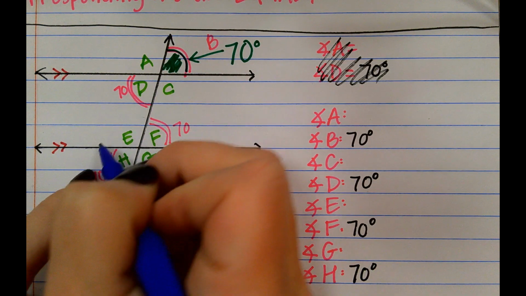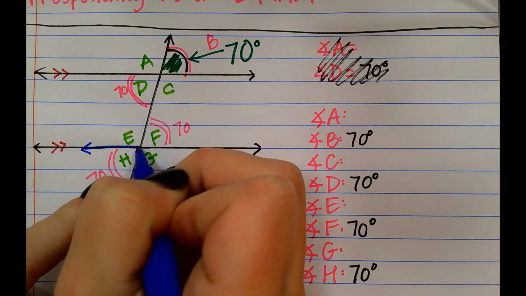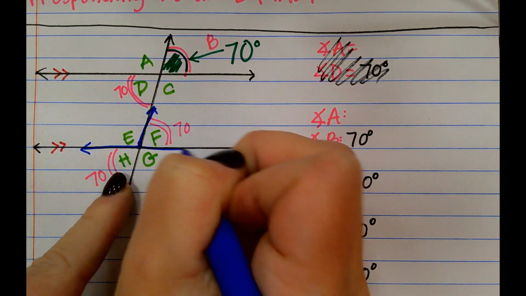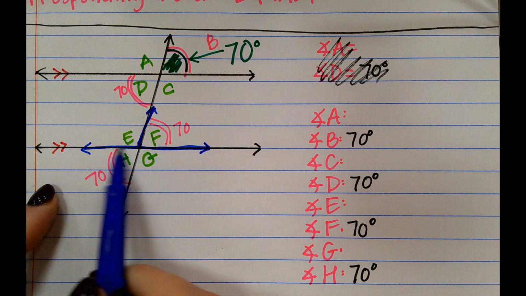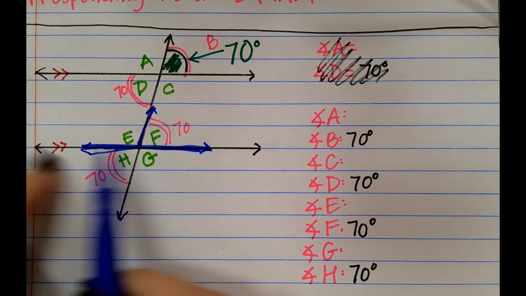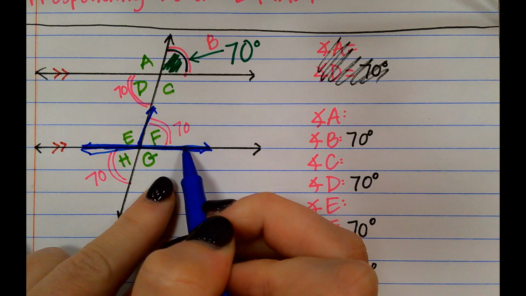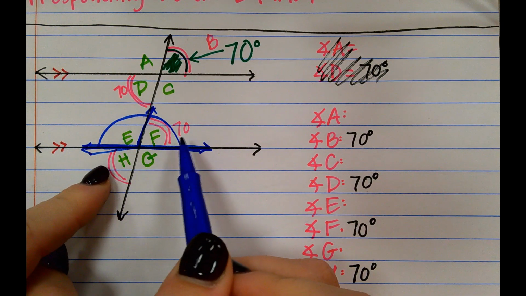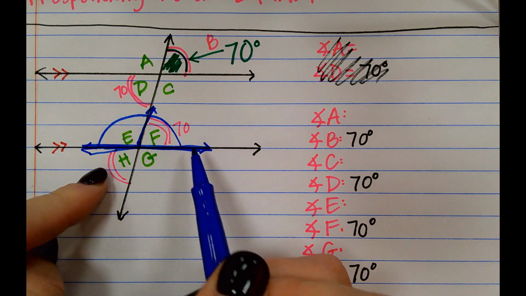I'll show you. Here's angle E. Here's angle F. This is the straight line they're making. See that? They're opening up to create a straight line. So this whole angle that they make should add up to 180 degrees.